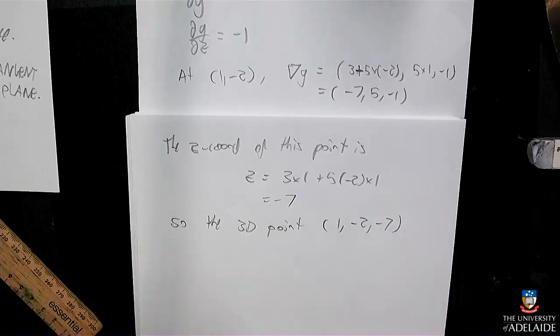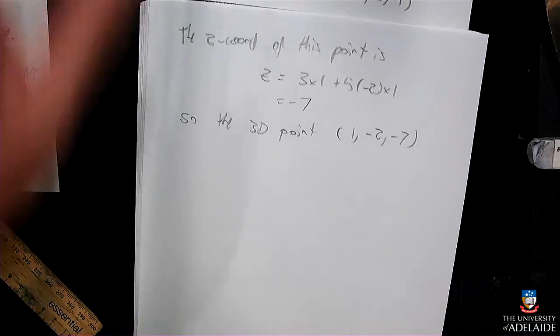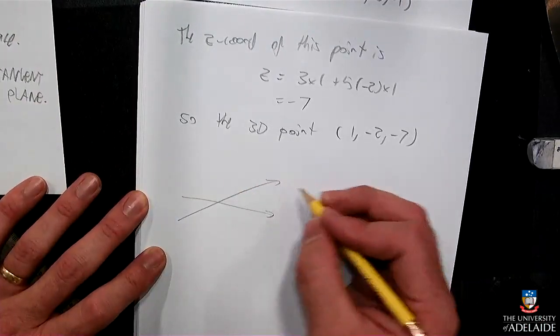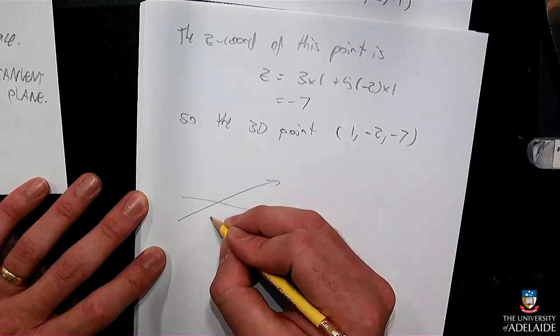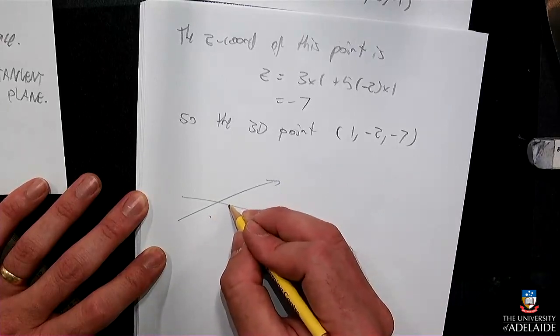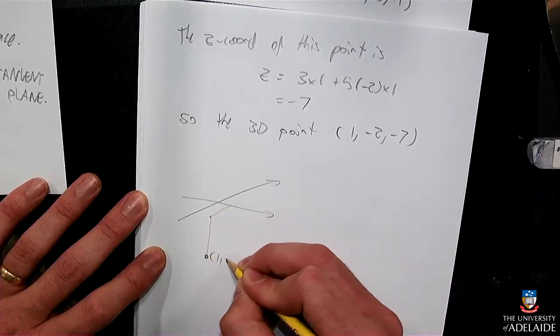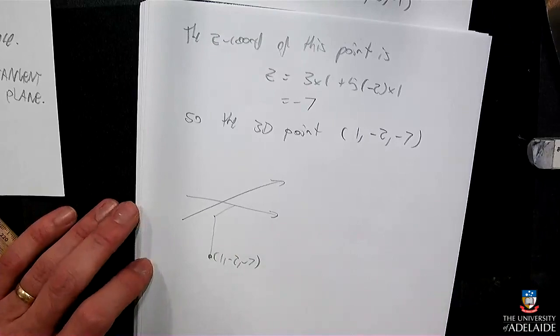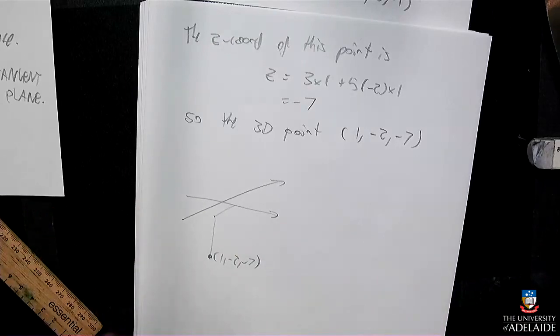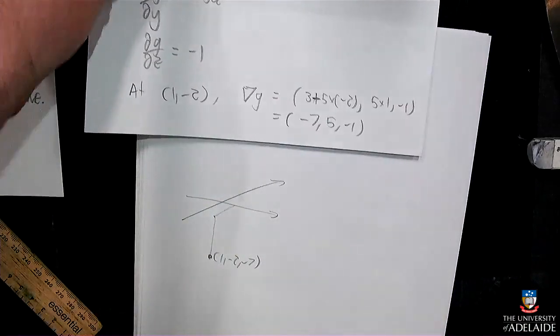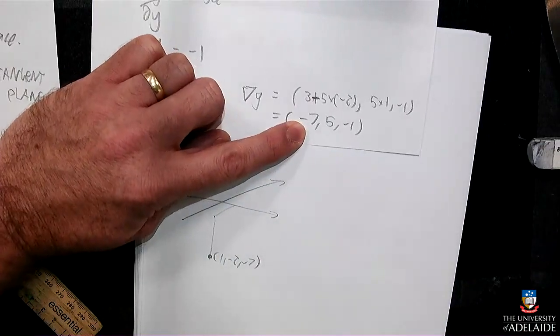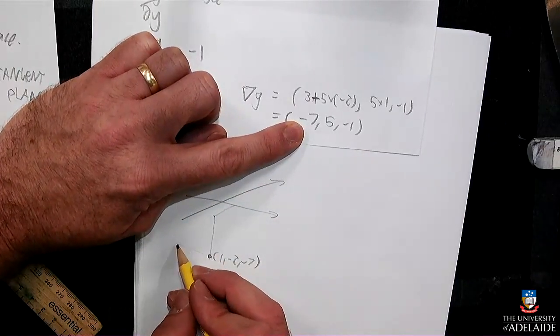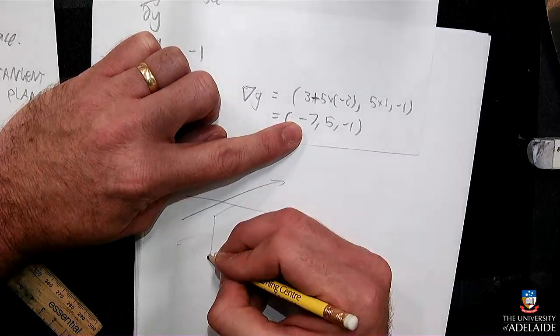Somewhere in space is a point 1, negative 2, negative 7. So 1, negative 2, down here. And the surface passes through this point, and when it's very close to this point, it looks like a plane. And the plane is perpendicular to minus 7, 5, minus 1. So minus 7 in the x, 5 in the y.